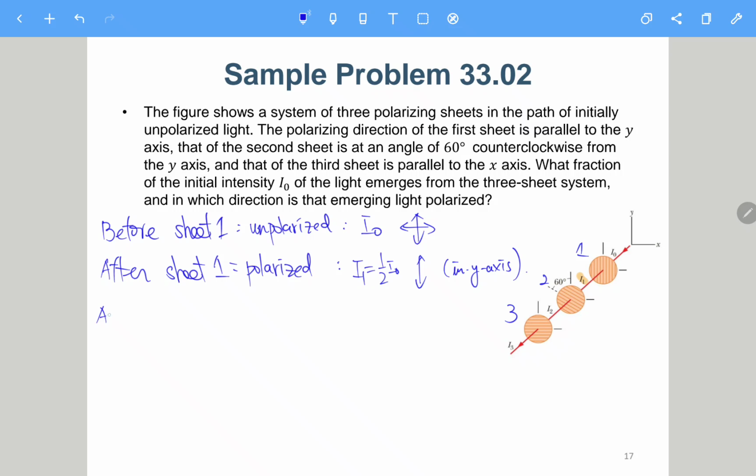Okay, so after sheet number 2, it is of course polarized.